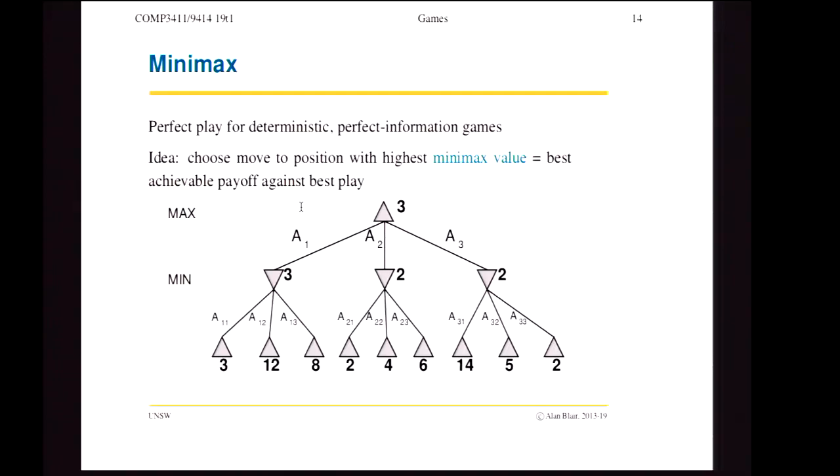A1, yep. Good choice. Why do you choose A1? Right. Yes. Very good. So the reasoning goes as follows. You assume that I'm a smart guy and that I'm going to make a clever choice.